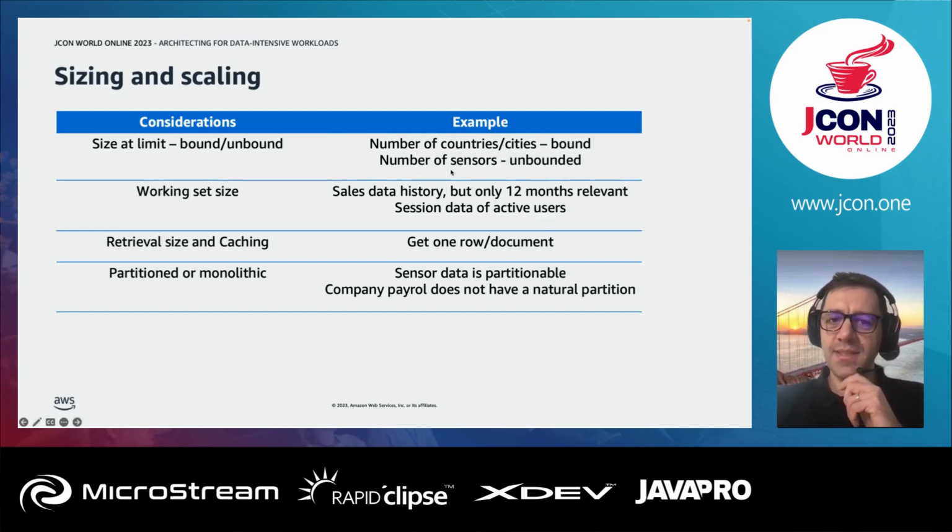But if you think about sensors, or clicks in an application, this is quite unbounded. We can have millions of new records in our database overnight. So think bounded, unbounded, how this will scale, how you actually get that data. And working set size: how much data do I actively work with at a specific time or in a specific application session?